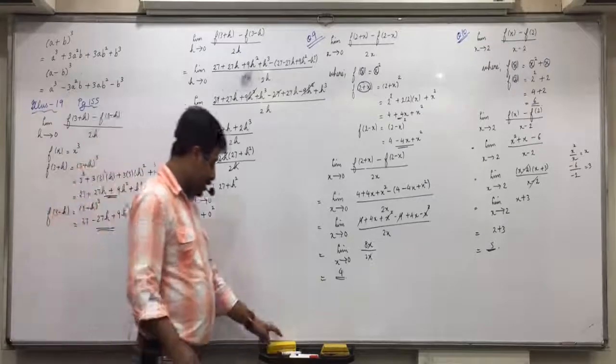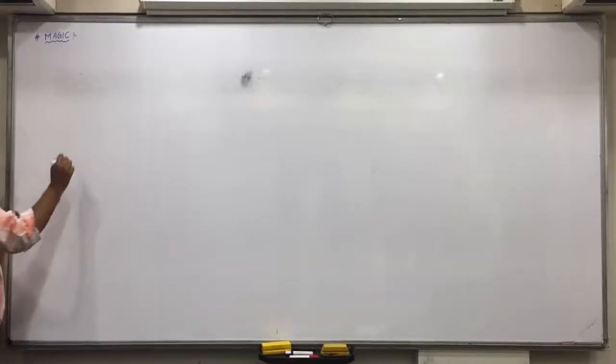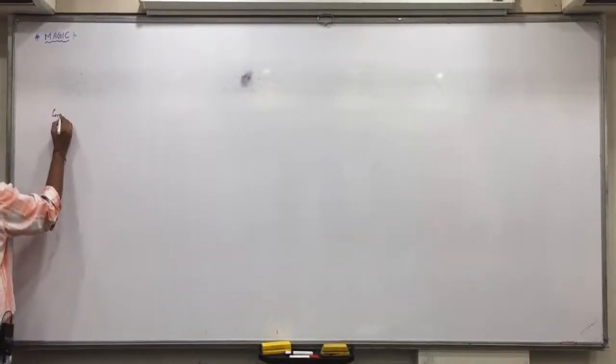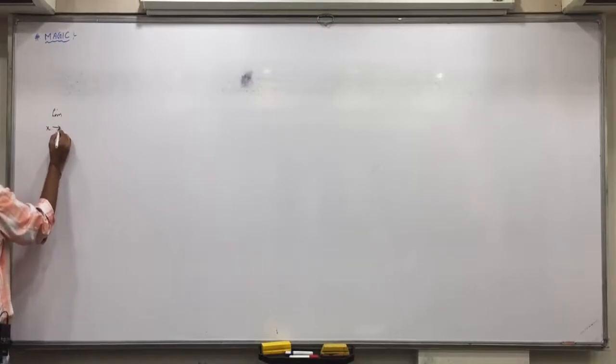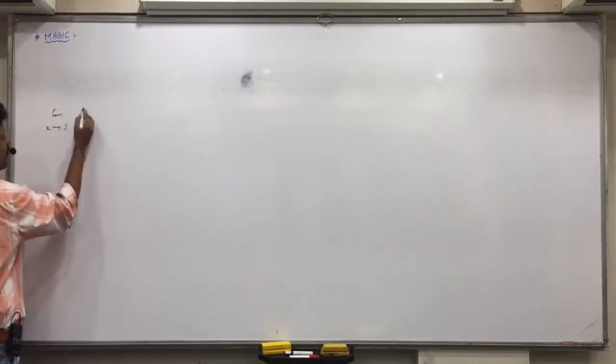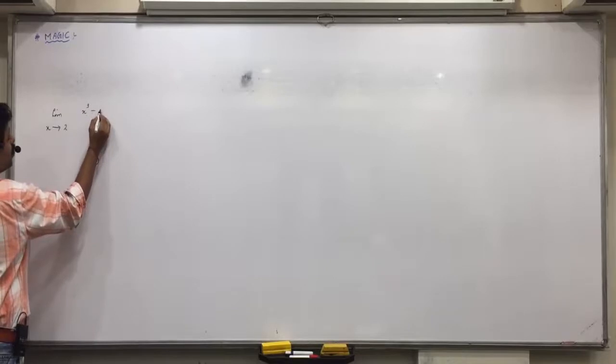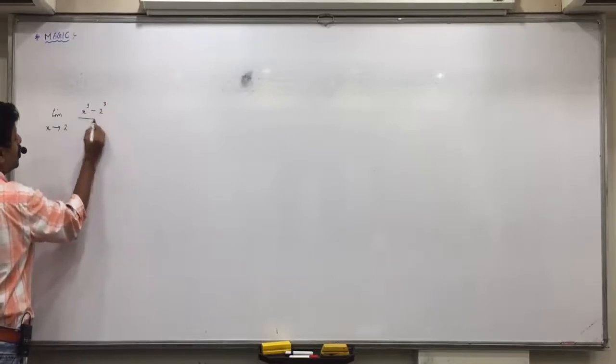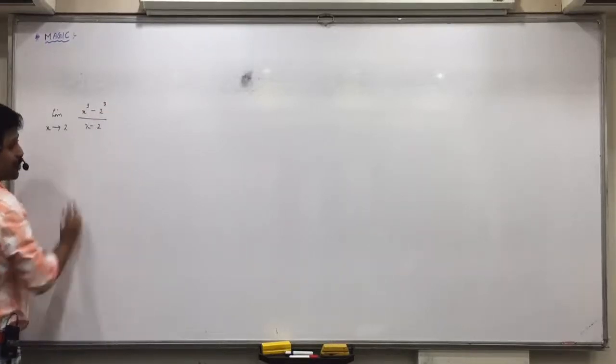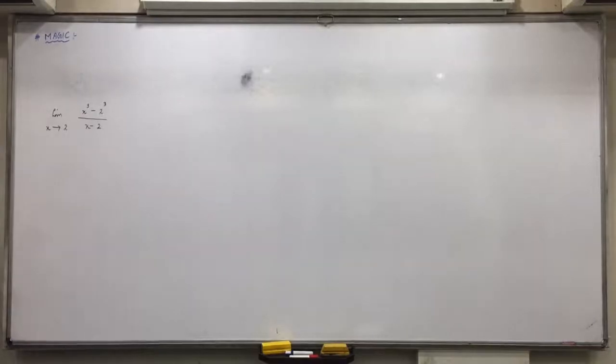Okay. See, suppose I give you the question, limit x tends to 2, x cube minus 2 cube upon x minus 2. Here we cannot use that formula of factorization because it's not a polynomial like x squared minus something x plus a constant number.